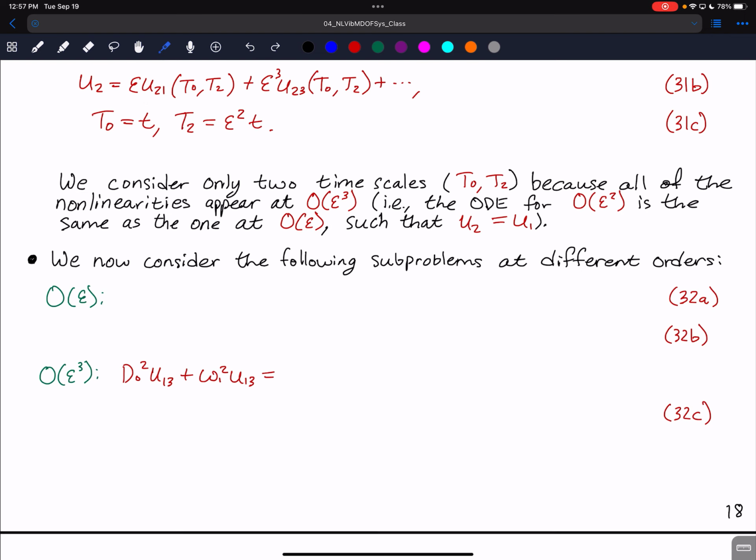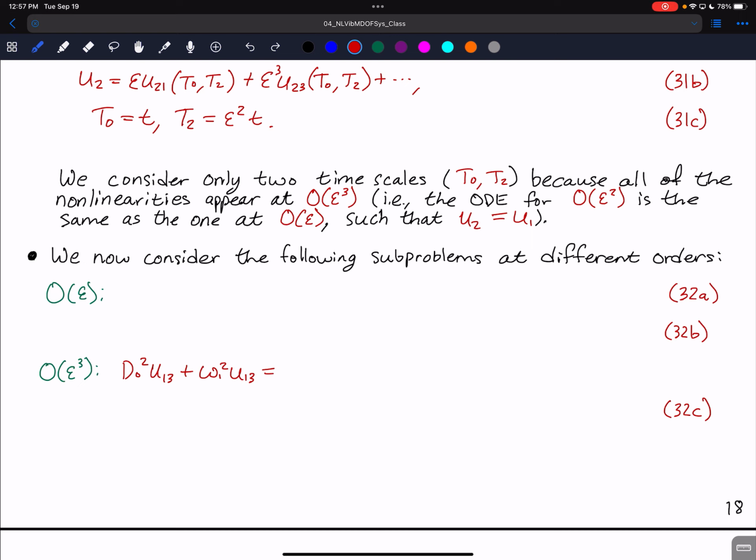Okay. At order epsilon, we end up with two equations. We have D0 squared U11 plus omega 1 squared U11 equal to 0. And our second equation, we have D0 squared U21 plus omega 2 squared U21 equal to 0. We can solve both of these directly.